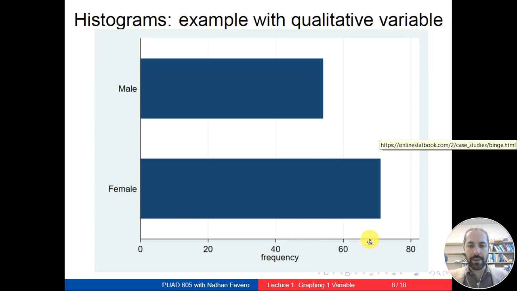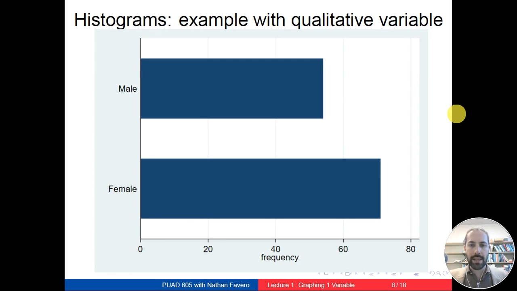And you can see that there are around 70, 72 observations that are female in our data set, whereas there are only about 55, 54 observations that are male. In other words, there are more females than males in this particular data set. That's the kind of thing we can see with a histogram.